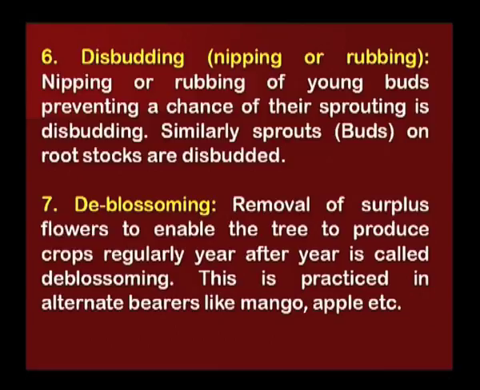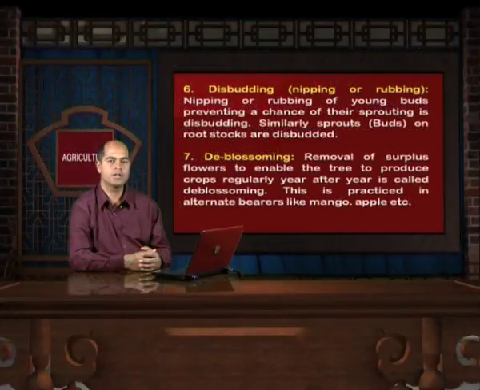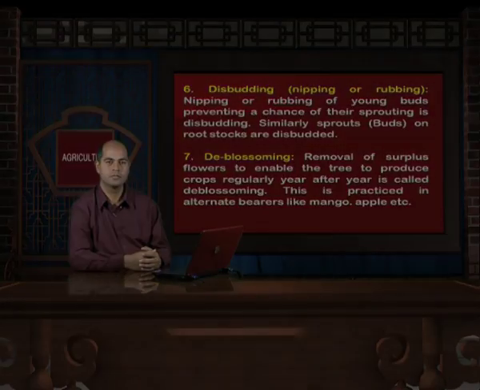This is practiced in alternate bearers like mango, apple, etc. So, we have learned in this slide that removal of young buds is called disbudding and removal of surplus number of flowers is called deblossoming, and both these activities help trees to produce more flowers and fruits.